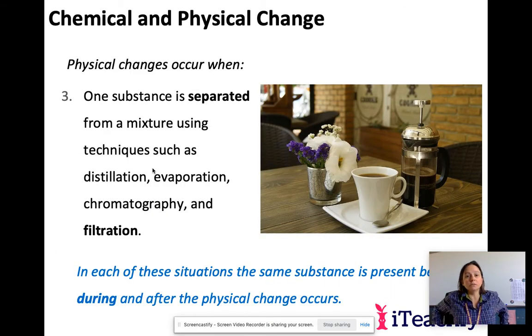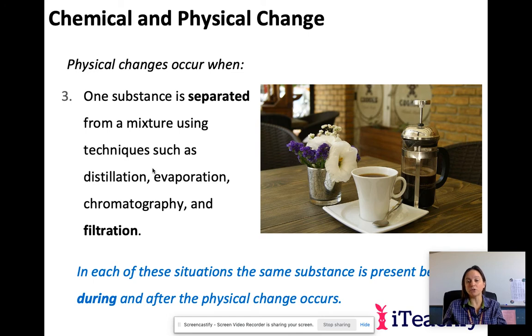Physical changes can be separated if they're a mixture. So if I have coffee or Kool-Aid, I can separate those substances into their individual components without changing their chemical makeup or chemical composition. Remember, when I'm thinking about a physical change, the substances remain the same before, after, and during the process.